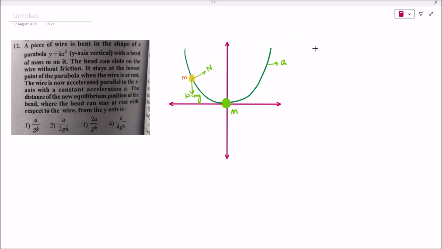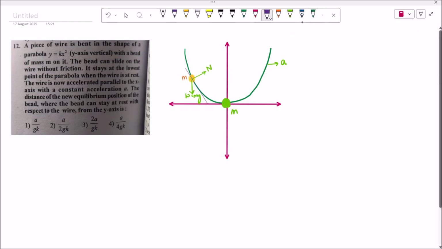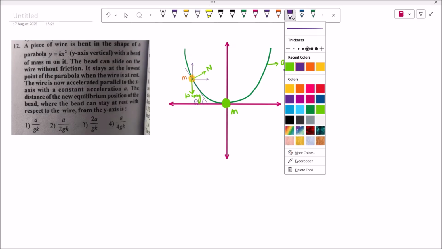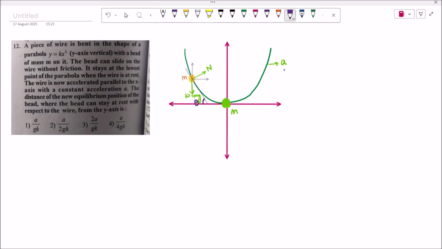Now I am going to draw a tangent at this particular point. This tangent makes an angle theta with the horizontal. The normal reaction is resolved into two components. We know alternate angles are equal, so if this is theta, then the alternate angle here will also be theta.